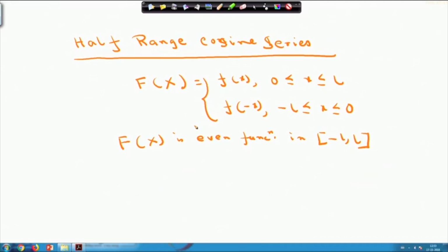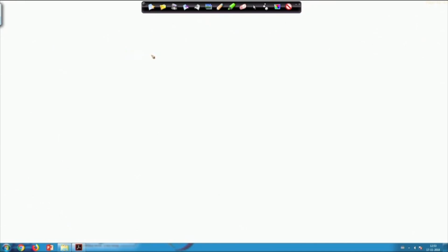So, I can write down in the half range, in minus L to L, f x is equal to small f x, and therefore, the cosine series of f x is the required cosine series of small f x also in the interval 0 to L. In minus L to L, the characteristics will be different.